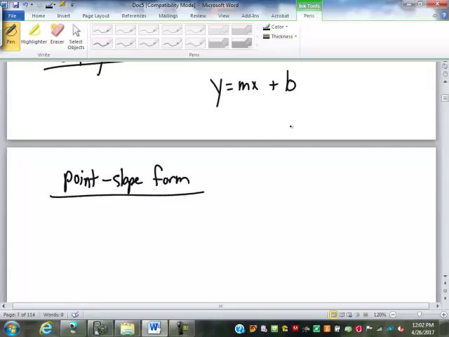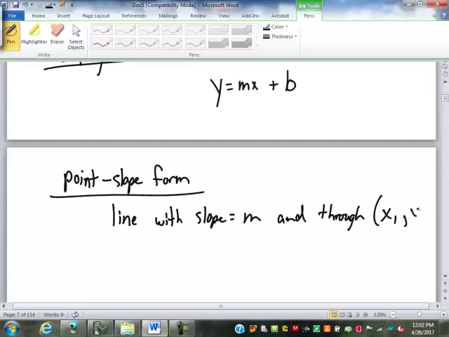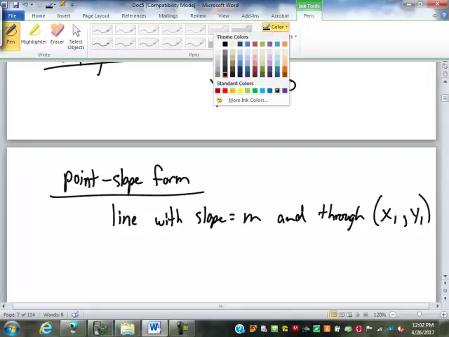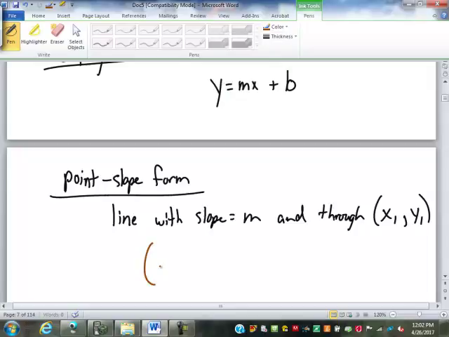And point slope form of an equation is if I have a line with slope equals m and through the point x1, y1, the equation is y minus y1 equals the slope times x minus x1.